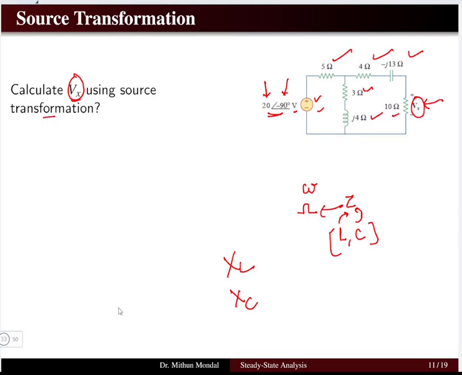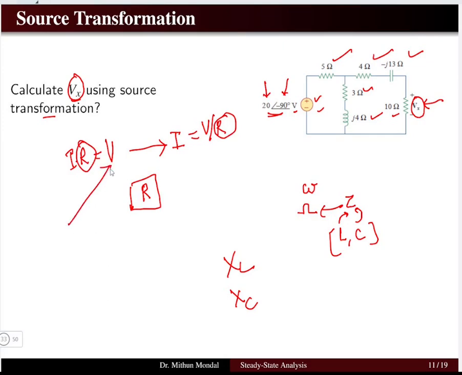You know that in source transformation, we convert the voltage source into a current source with adjustment of the resistor value. The current is basically potential divided by the resistance, or voltage is equal to current multiplied by resistance. Here the resistance remains the same; one is in series and the other is in parallel.